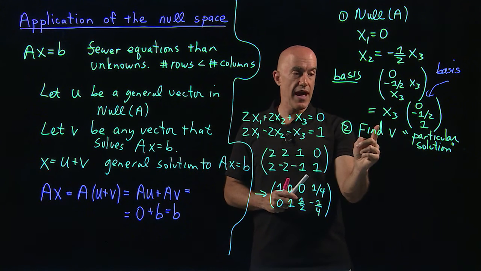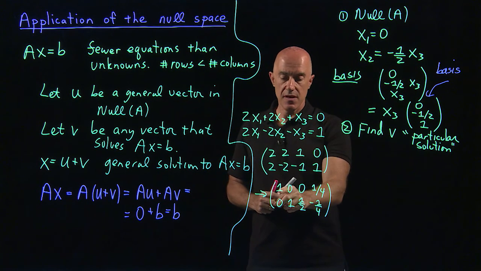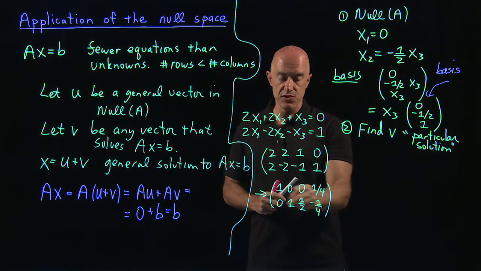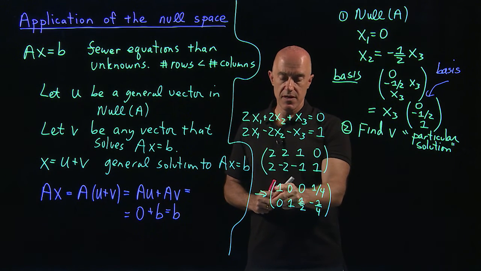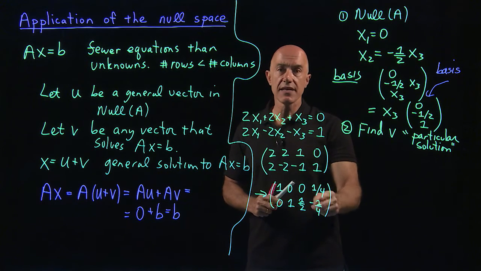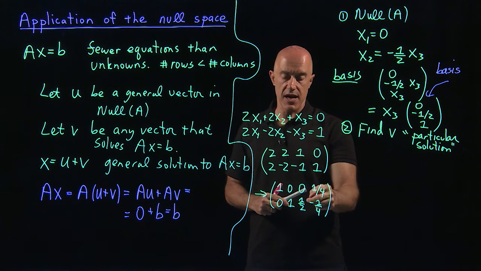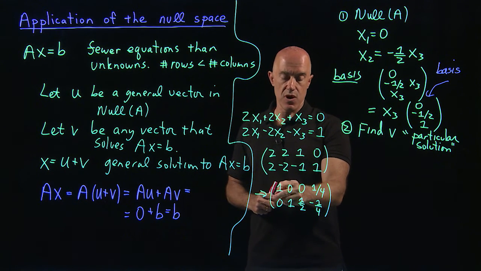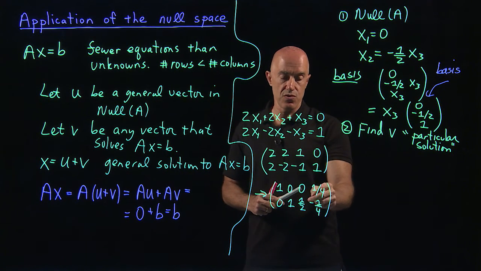So how do we find V? We look at this reduced row echelon form. So this is now the full equation with the last column being the right-hand side. So we get x1 is equal to 1 quarter.